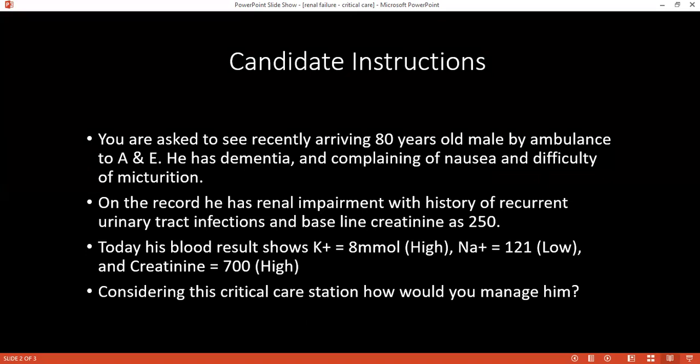Can you please tell me what might be the cause of acute renal failure? Okay, it could be due to a pre-renal cause, renal cause, or post-renal cause.